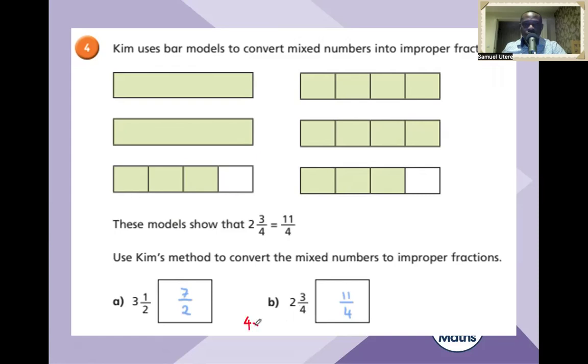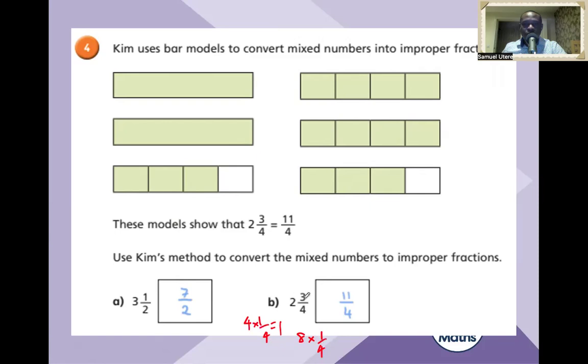So 4 quarters give us 1. Now we need 2. So to make these 2, we have 8 quarters. So 8 quarters gives us 2. Right? 8 lots of quarters give us 2.